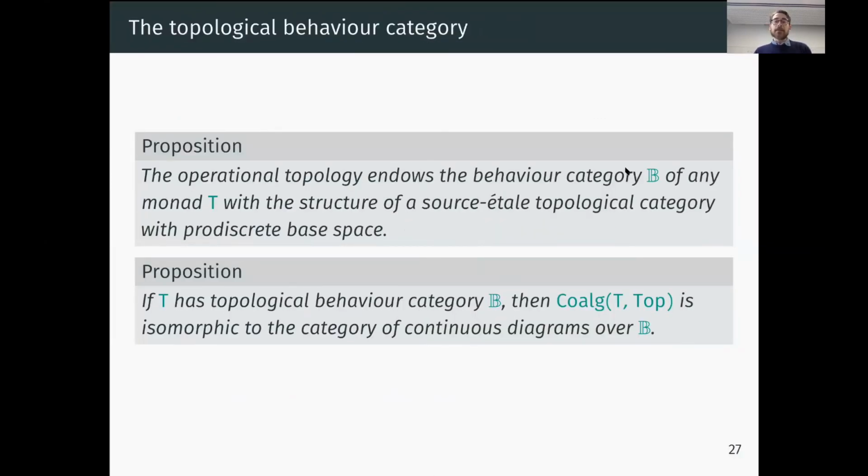And correspondingly, this category B associated to any monad T can be turned into a topological category whose domain projection is a local homeomorphism and whose base space is pro-discrete. So, for example, a Stone space is pro-discrete. It's a projective limit of discrete spaces.